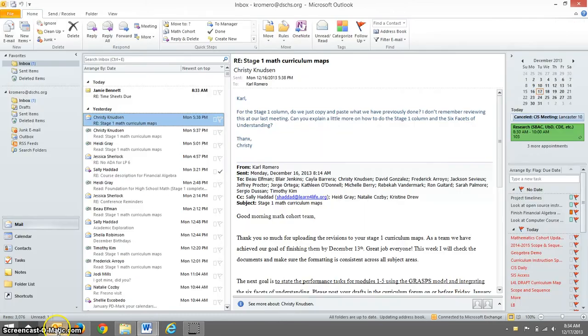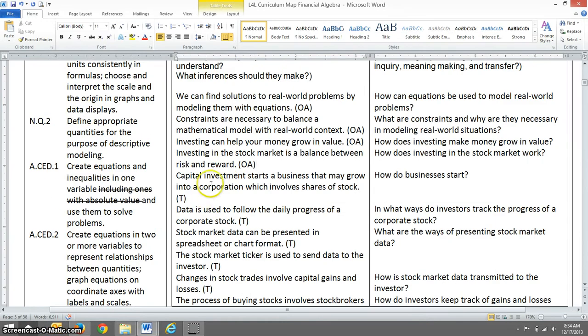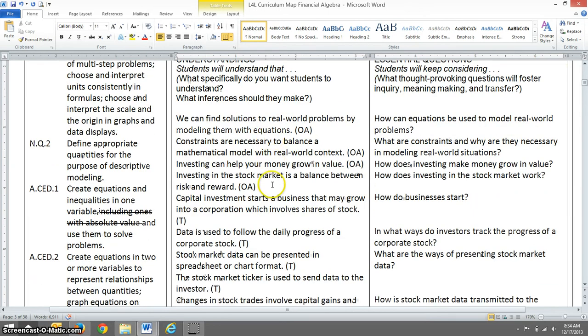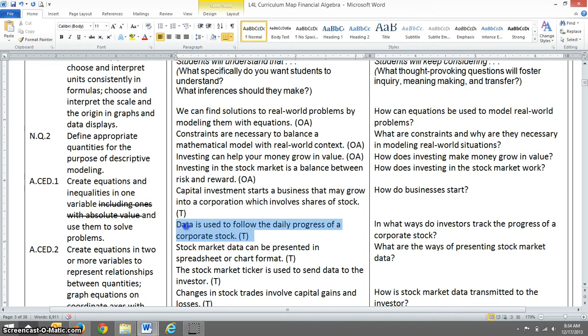Let's go ahead and close this one so that we're not interrupted. Okay, so I'm just going to focus on my overarching essential understandings and essential questions. If you still want to include topical ones in your performance tasks, you can go ahead and do that. But I want my performance task to be focused on these goals.